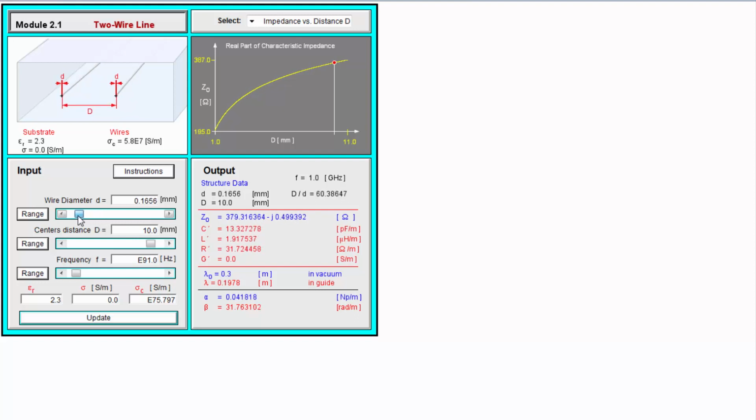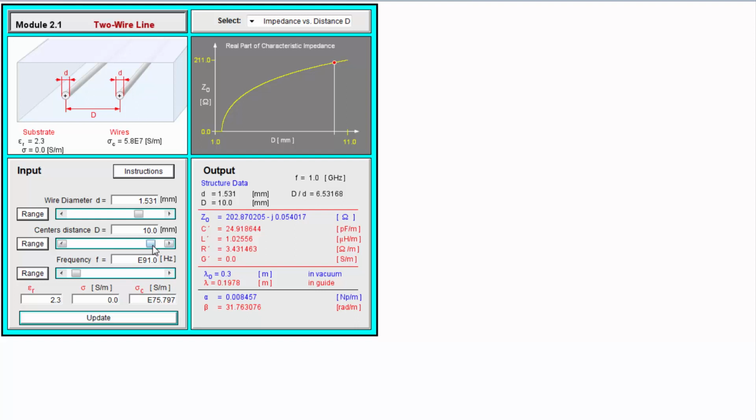So when we have 0 diameter we get infinite characteristic impedance. Okay, let's go back to 1.5. Yeah, it should be here approximately.